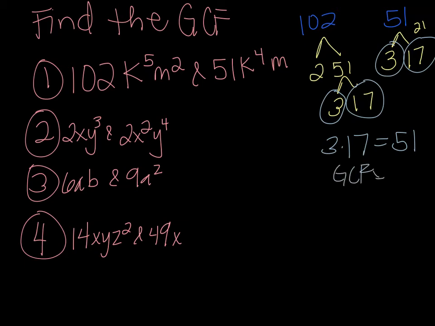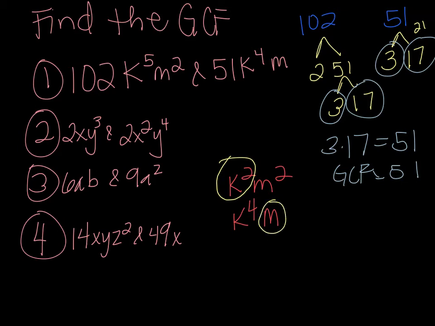Now I need to look at the variables. We have k squared m squared, and k to the 4th m. Look for the smallest exponent. If I start with my smallest exponent, that's k squared and m, because m is being raised to the first power.